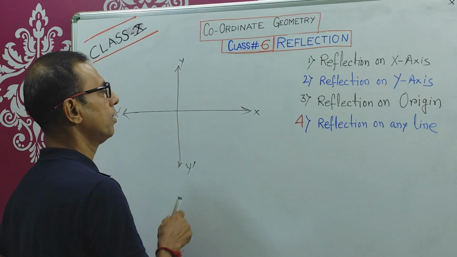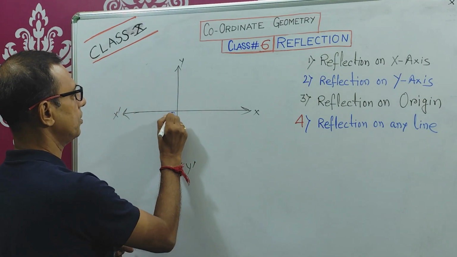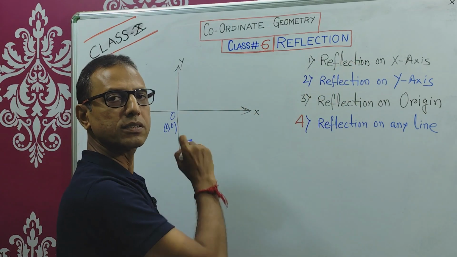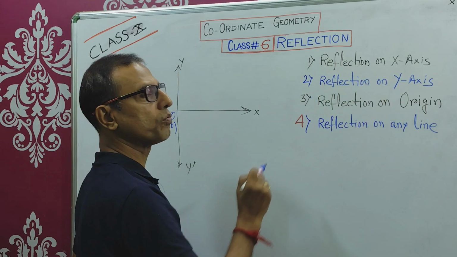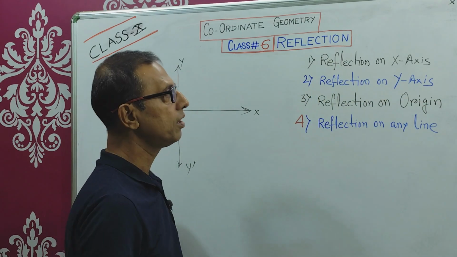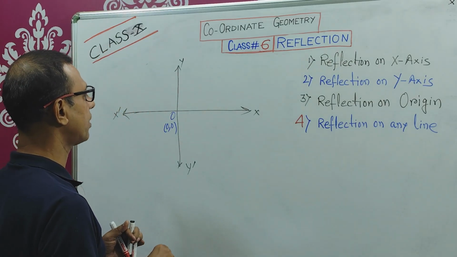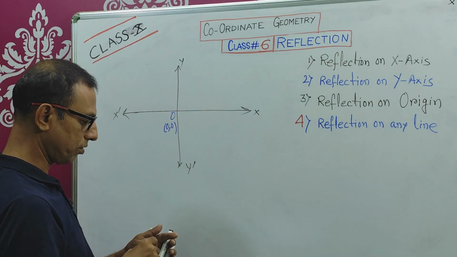Now, what are the different types of reflection? Reflection could be on the x-axis, this is the origin, (0, 0). Reflection on the x-axis, that is what I have shown you. Reflection on the y-axis, that also I have explained. Reflection on the origin. Origin is (0, 0), right?